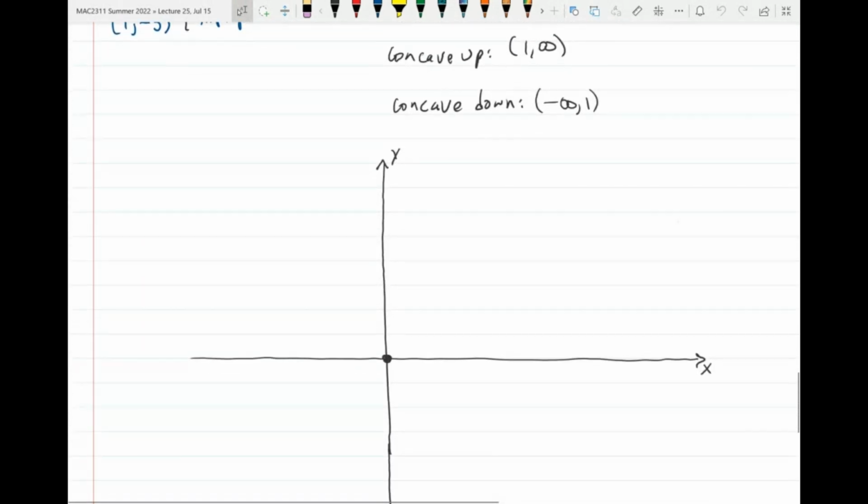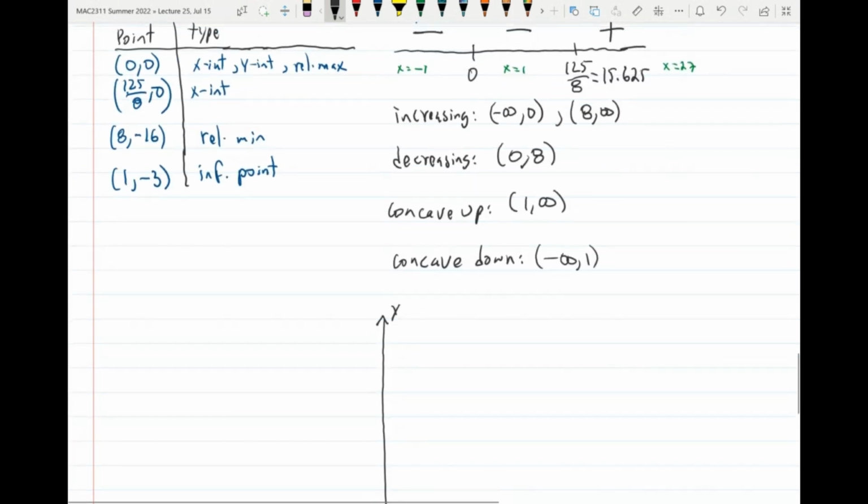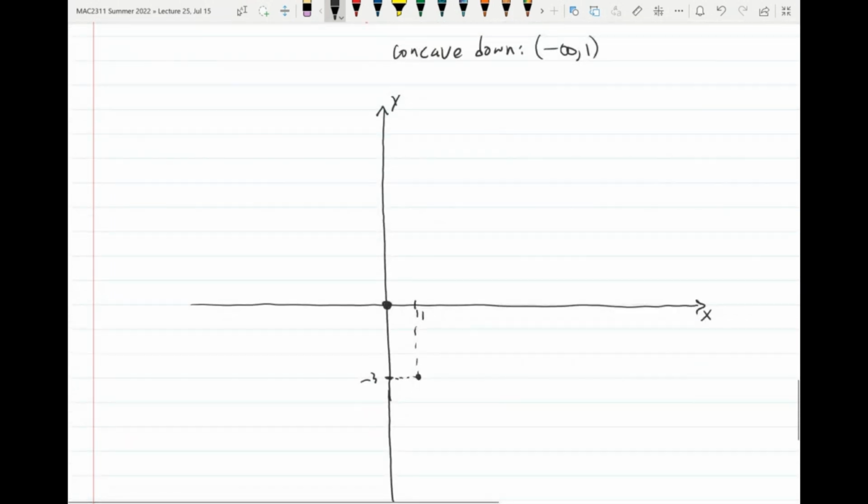So 1, negative 3. Let's say I'm gonna put the 1 here and the negative 3. This is not gonna be up to scale because otherwise I will need too much space. Let's see, 125 over 8. I'm just gonna stick it over here.